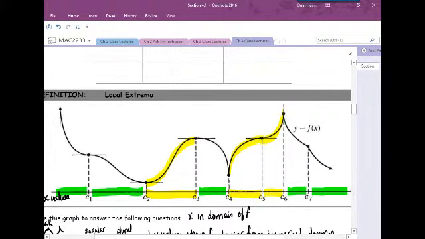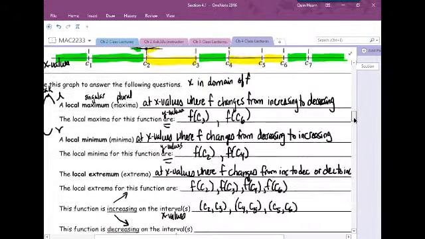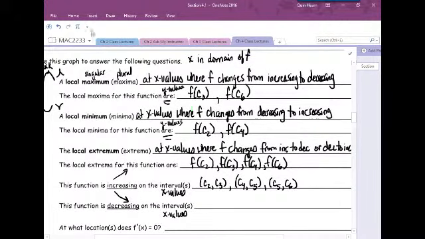In each one of those cases, the graph is going downward. It's decreasing from left to right.